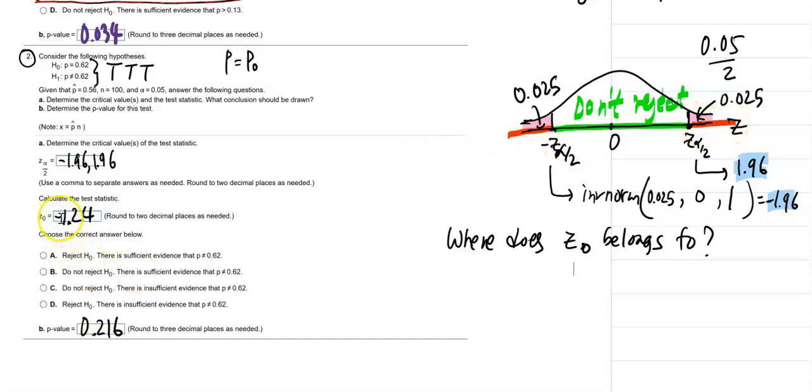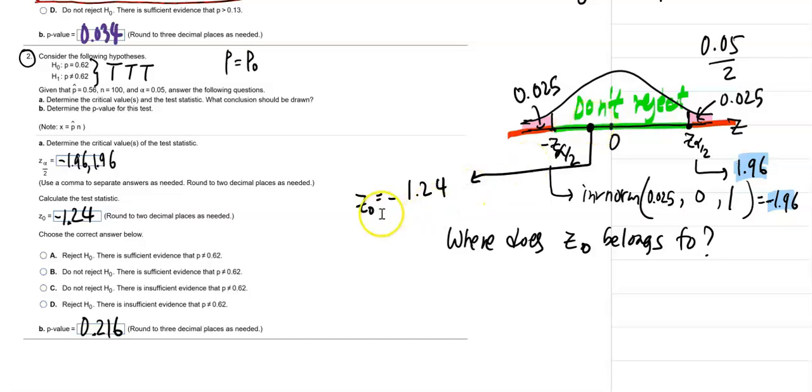Let's say negative 1.24. This is 0. Remember that this critical value is negative 1.96. So negative 1.24 is here, somewhere here.